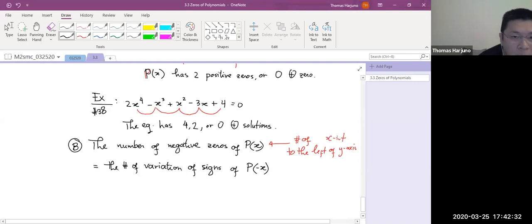The number of variations of signs of P(negative x), or that number subtracted by an even number.